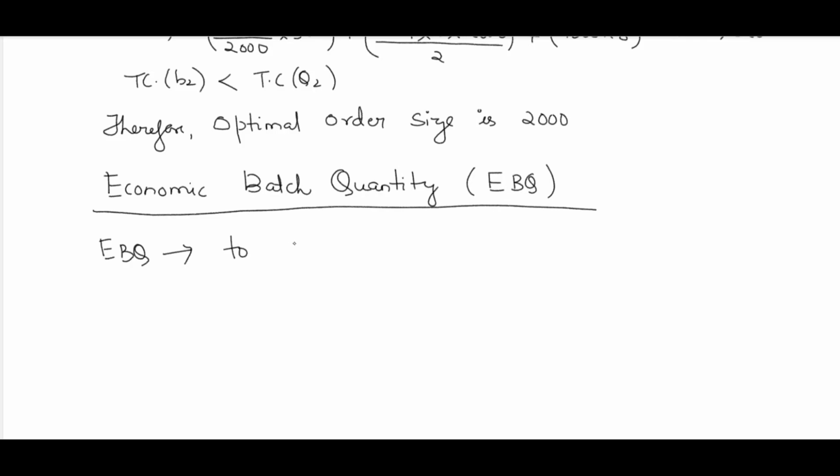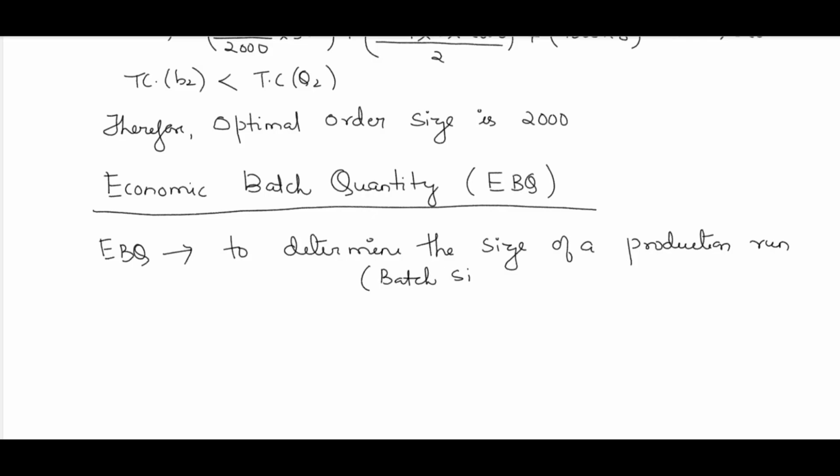It is to determine the size of a production run, that is the batch size, when manufacturing takes place internally. Okay, so this is the difference between EOQ and EBQ.